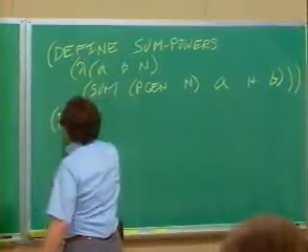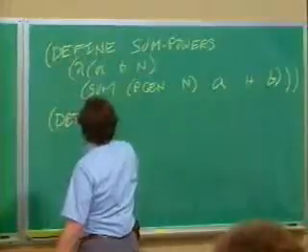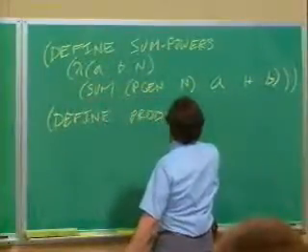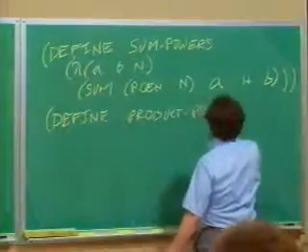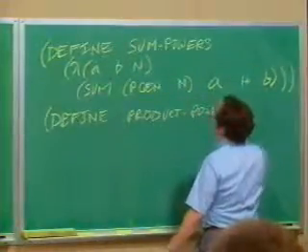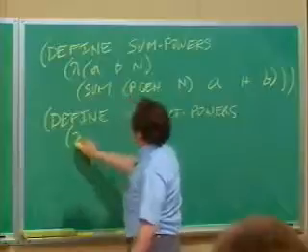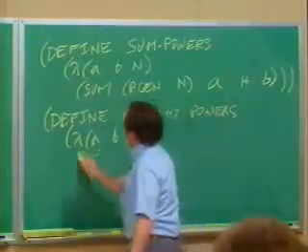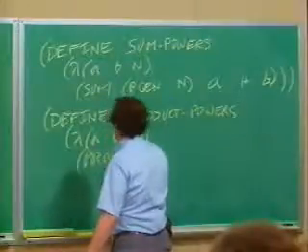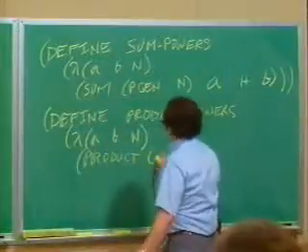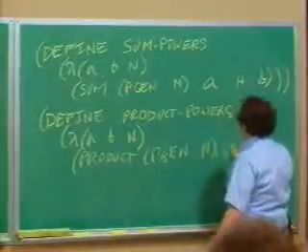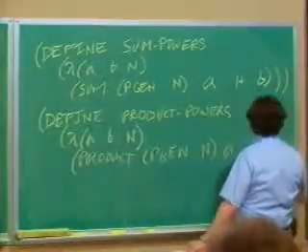And I can define the product of powers to be a procedure of a, b, and n, which is the product of pgen n with a, increment, and b.